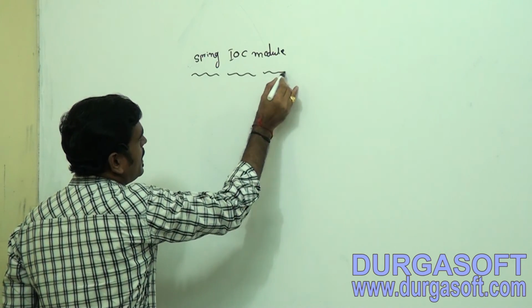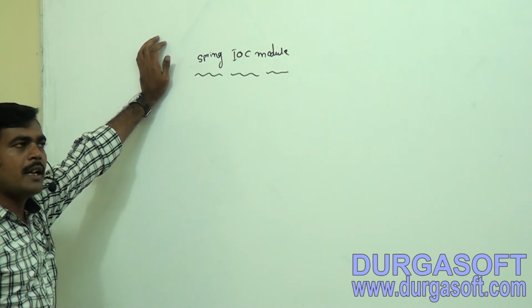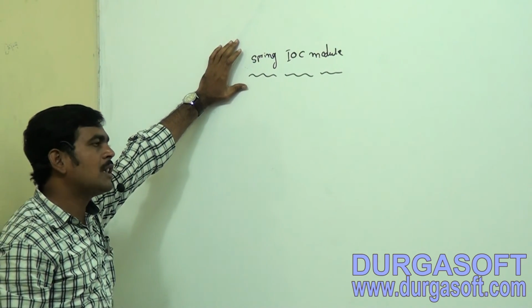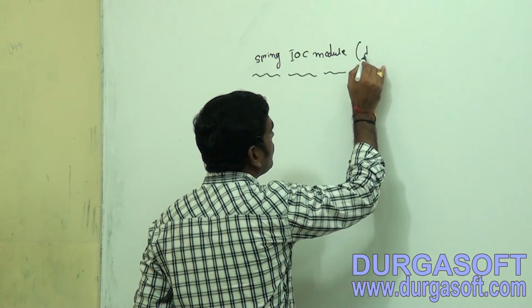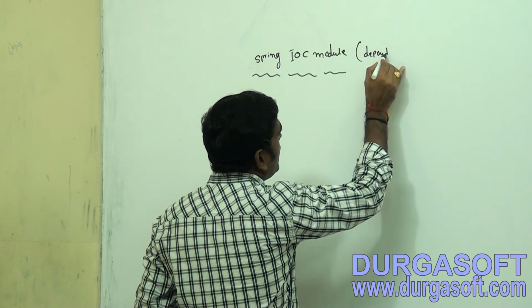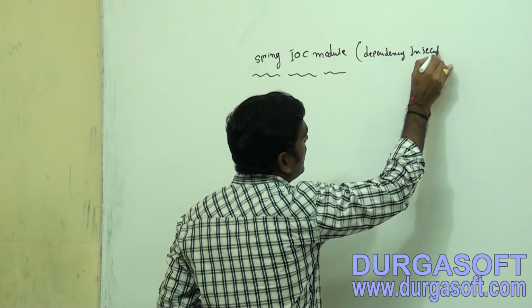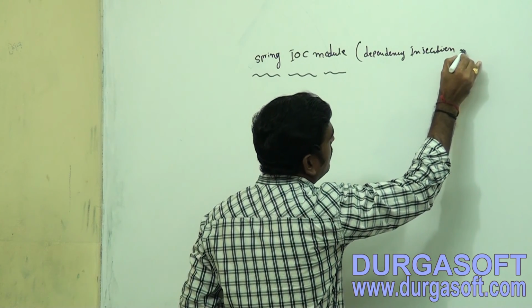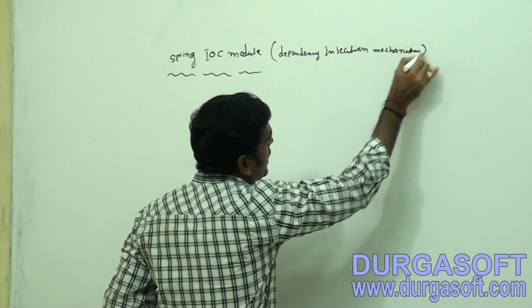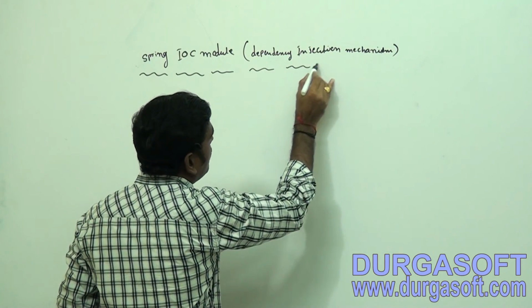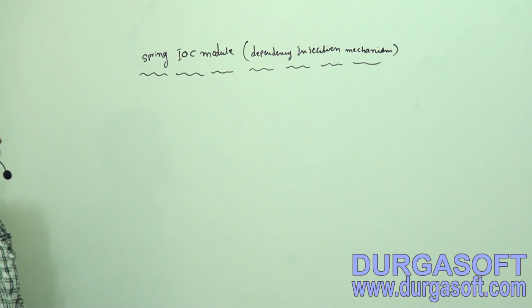In 1.x and 2.x we call it the Spring IOC module, and in 3.x and 4.x we call it the dependency injection mechanism. What is this IOC module?